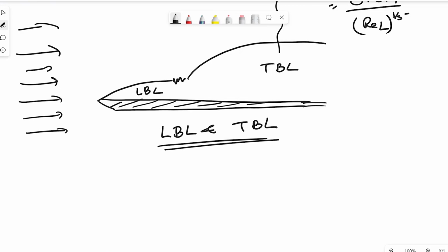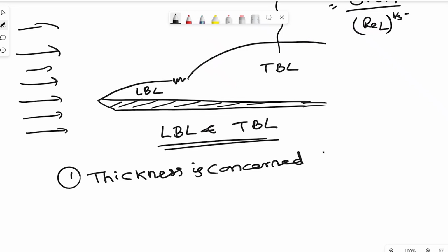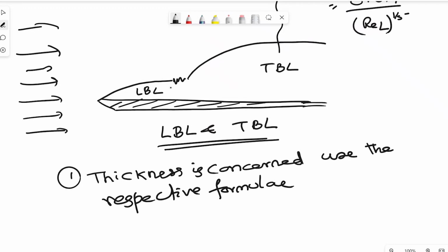Kindly remember, in this case, as far as the thickness is concerned, use the respective formula. The meaning is you calculate the Reynolds number.